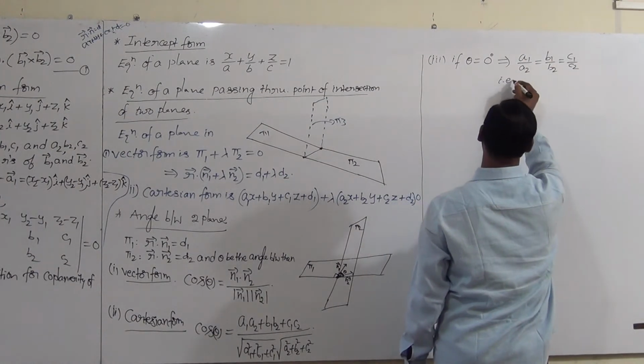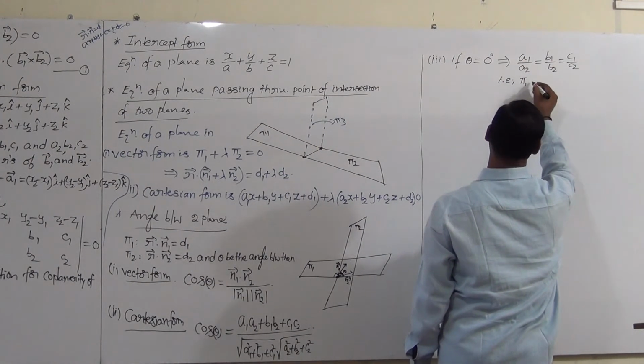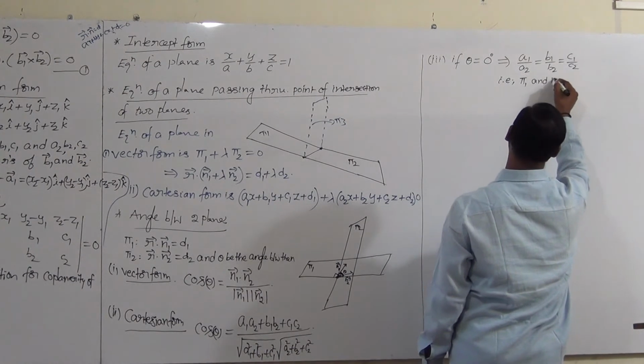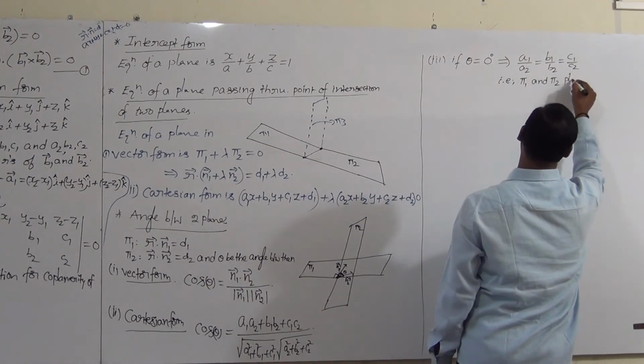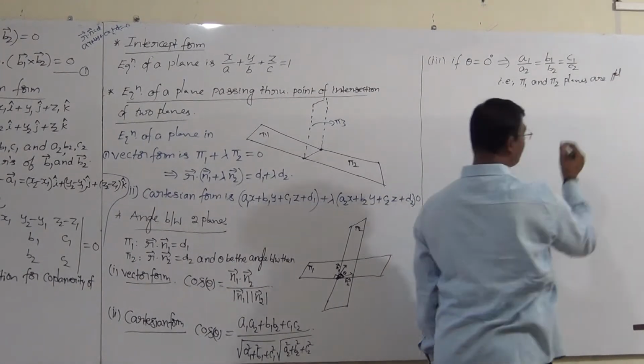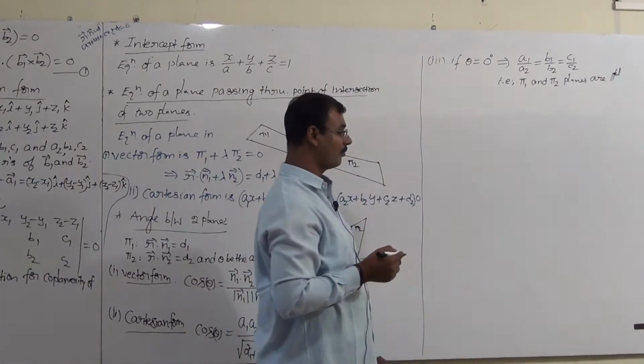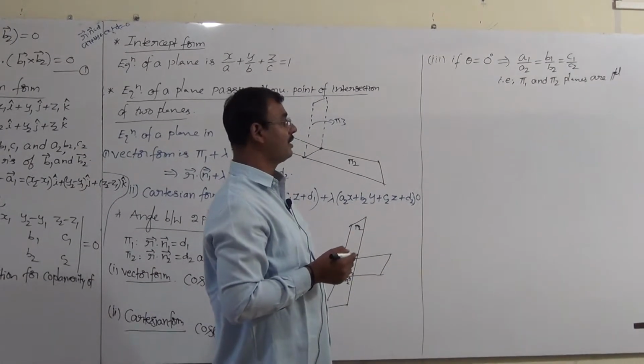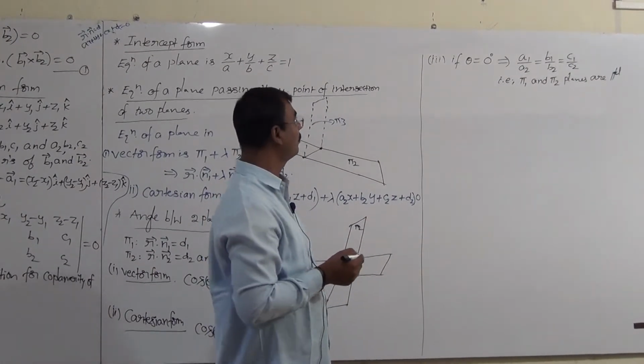It means, remember all of you, pi 1 and pi 2 planes are parallel. These are parallel planes.